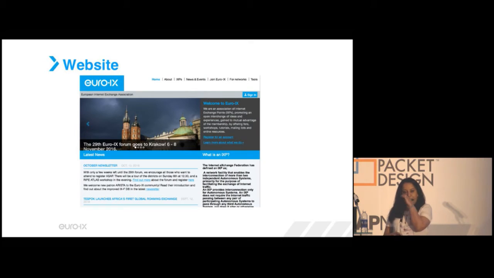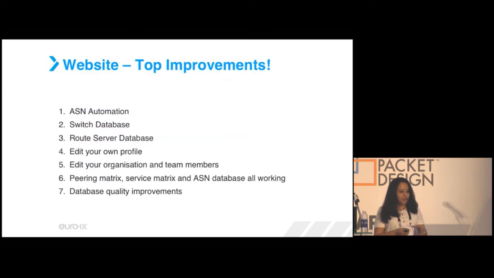So, our website. I don't know if any of you saw the old website, but we launched the new one last year, and it's looking a lot better than it did before. But here are some of the top improvements that we've done. So with regards to the back-end database, what we did was we decided to rebuild the whole database and start from scratch.